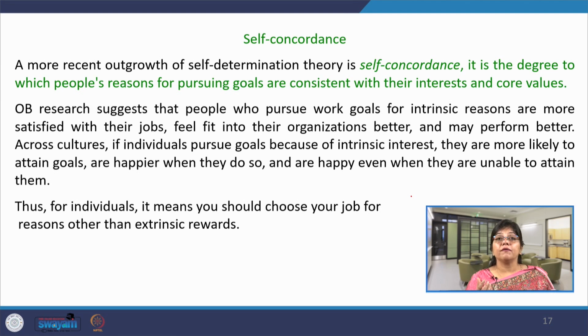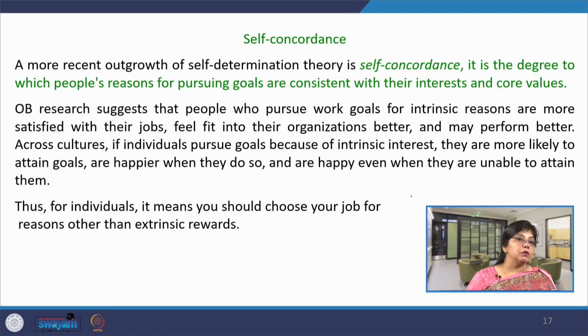Researchers have suggested that people who pursue work goals for intrinsic reasons are more satisfied with their job. They feel they fit into their organization better and perform better because they are aligning with their own core values along with the organization. So, it is about what gives you respect in performing a particular job.